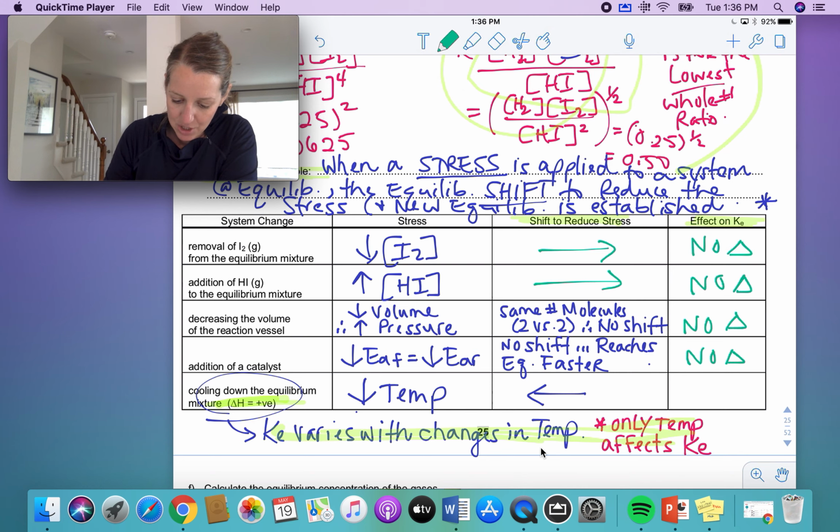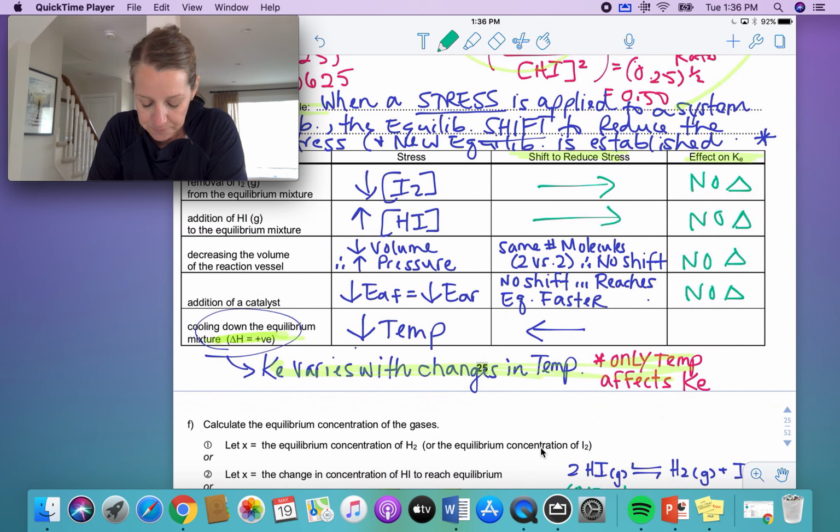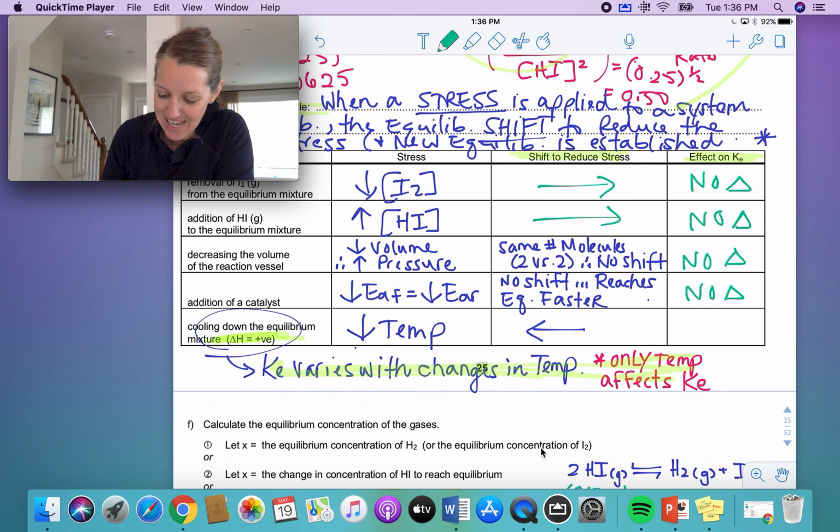Okay, cooling down the equilibrium. We know in this case that cooling it down, so that's a decrease in temperature. Now you need to look to see where the heat is. Is it on the reactant side or the product side? It's on the reactant side. So if you decrease the temperature, it's going to be shifting your equilibrium to the left. Does that make sense from the practice questions that you've done?